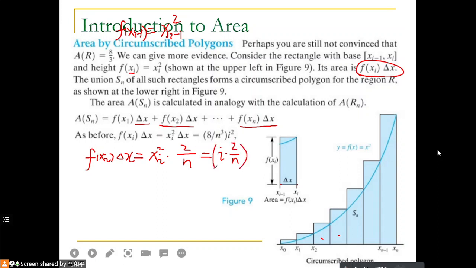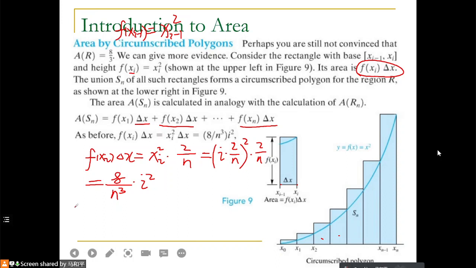Remember, this is still x i squared times 2 over n. So it's equal to 8 over n cubed times i squared, right? x i. We first partition this interval into n subintervals. We have n plus 1 points. So x i is equal to i times 2 over n.